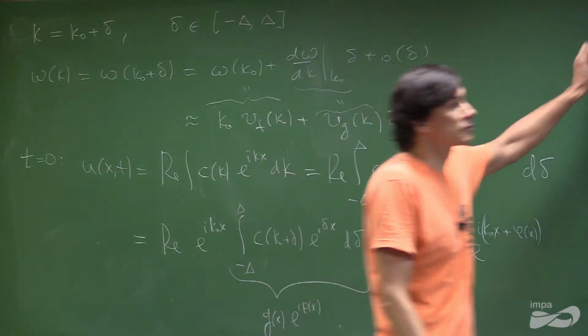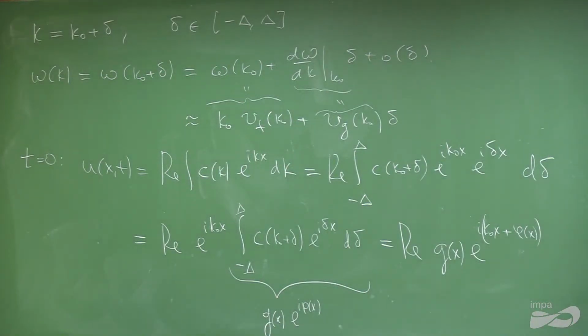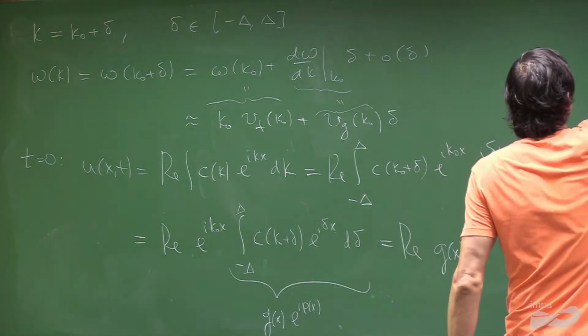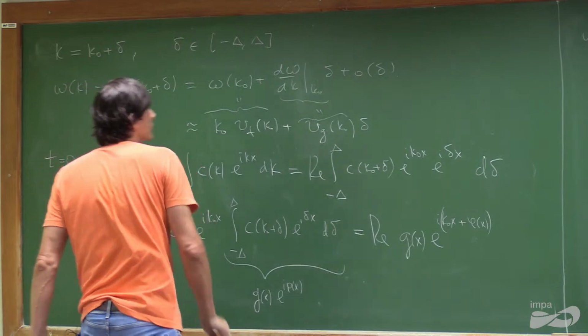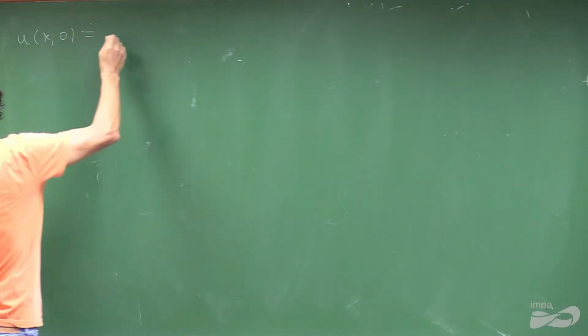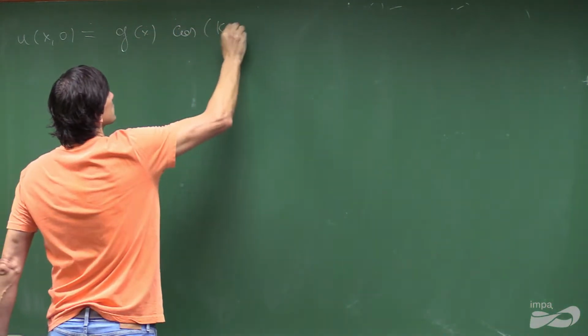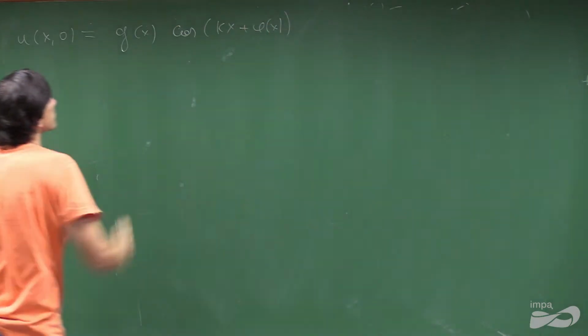So our final expression of u at x at time 0 is, taking the real part, g(x) cosine(k0 x plus phi(x)).